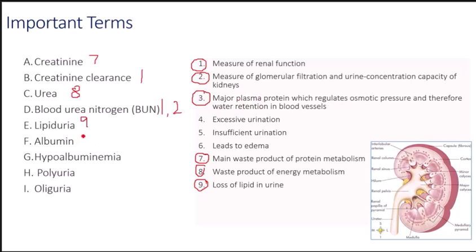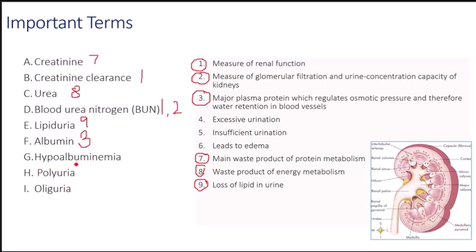So if we have less albumin than normal within our blood vessels, we're more likely to lose fluid from our blood vessels. And we talked about that in an earlier lecture in our digestive system unit. And so people that have low amounts of albumin in their blood are said to have hypoalbuminemia.